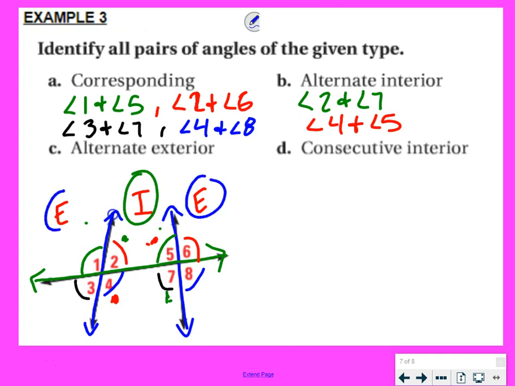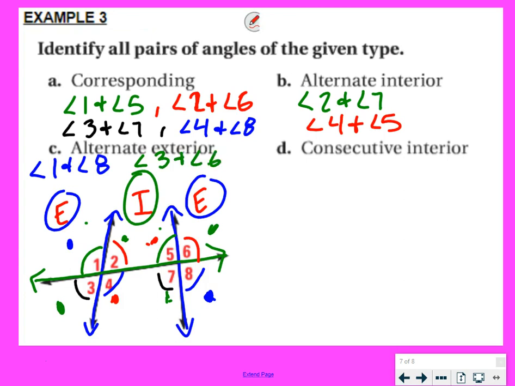We're looking for those alternates. We have the top left, bottom right, that'd be angle 1 and angle 8. And then we also would have the bottom left, top right, so angle 3 and angle 6.